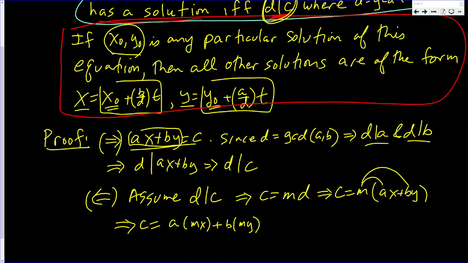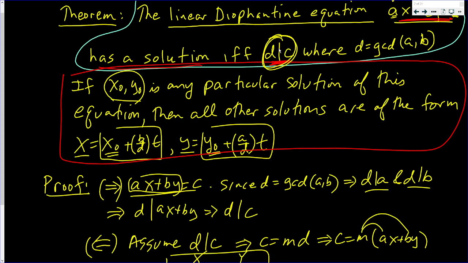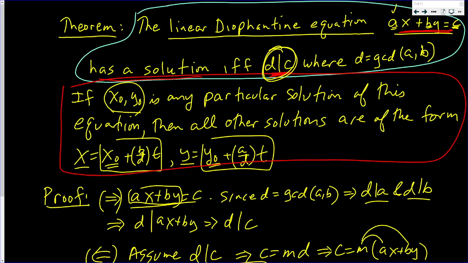That is, c is a times an integer plus b times an integer, so this is a linear combination of a and b, and it equals c. That is, I found X and Y so that c is a linear combination of a and b. That's all I wanted to show. So what's in blue on top has been satisfied. Got it.